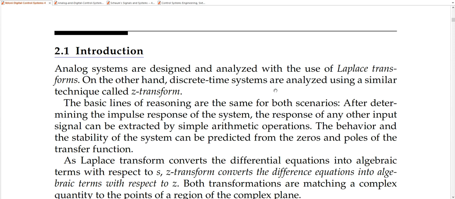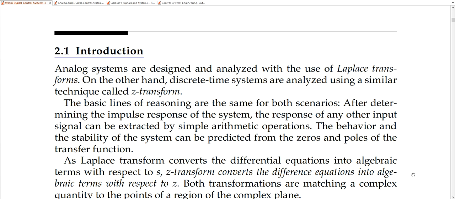Analog systems are designed and analyzed with the use of Laplace transforms. If you have done Laplace transform in your feedback control system, where we focus on the analog inputs, this is what it means. In this subject, digital control systems, we are going to analyze systems using a similar technique called the Z transform.